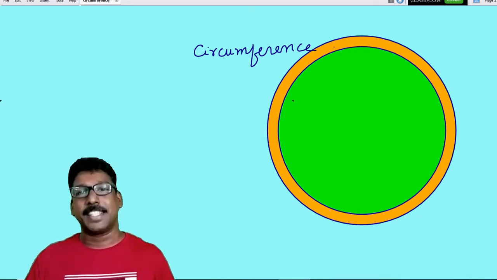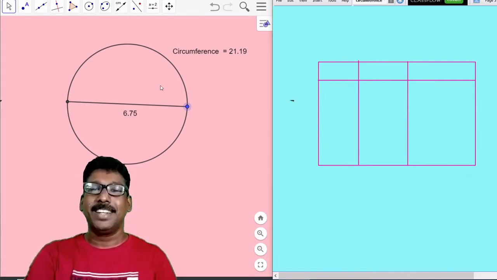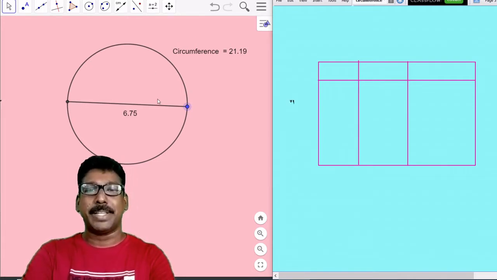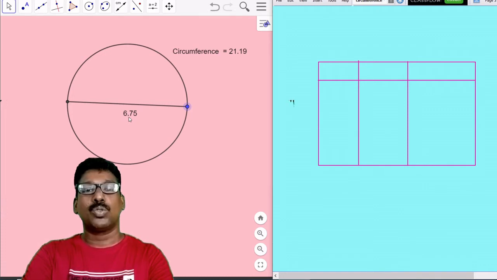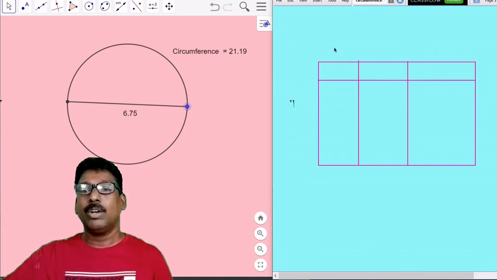Now let us take it. Here you can see a circle and its diameter and circumference. In this circle, the diameter is equal to 6.75 and the circumference is equal to 21.19. Now let me write it here.